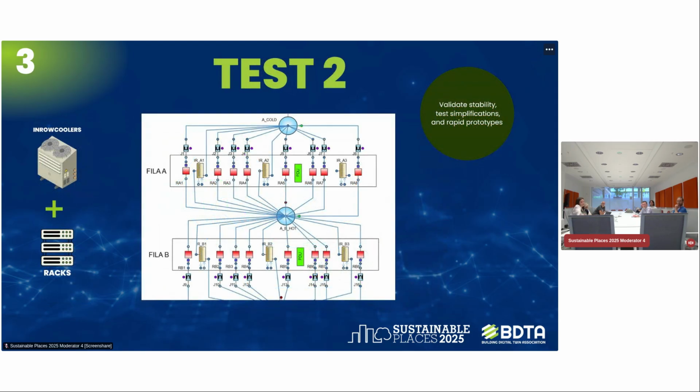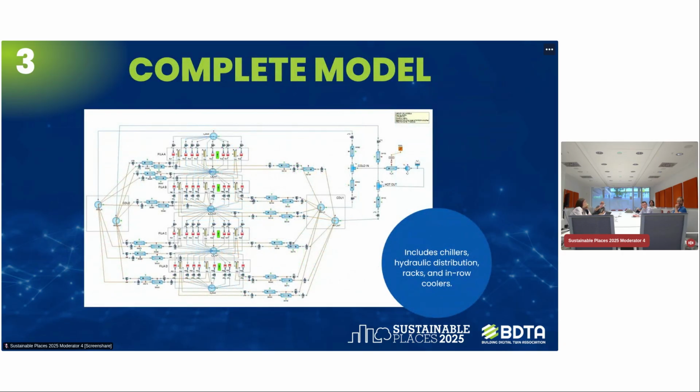Then this is part of the complete model. Here you can see one line with 3 in-row coolers and 7 racks in the volumes. This is part of the complete model, and this is the complete model, with 4 different lines and all the pipes, all the volumes.